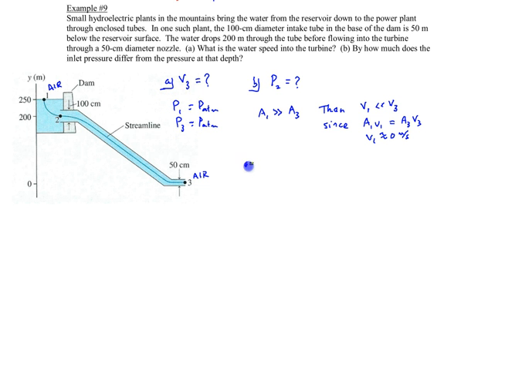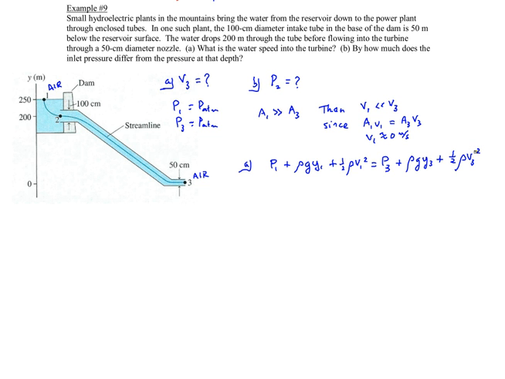So to solve A, we're looking for the velocity at 3. And this involves Bernoulli's equation. P at 1, that's pressure at 1, plus rho g y1 plus 1/2 rho v1 squared equals pressure at 3, which is down here at the turbine, plus rho g y3 plus 1/2 rho v3 squared.